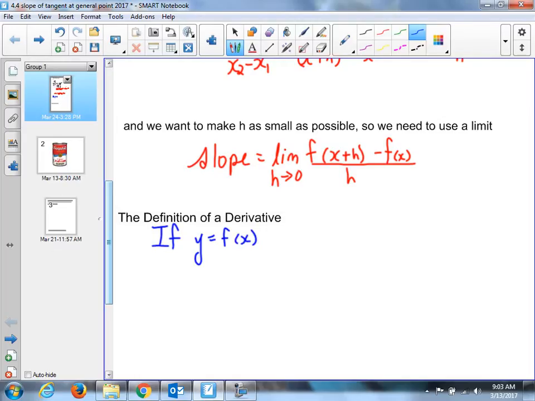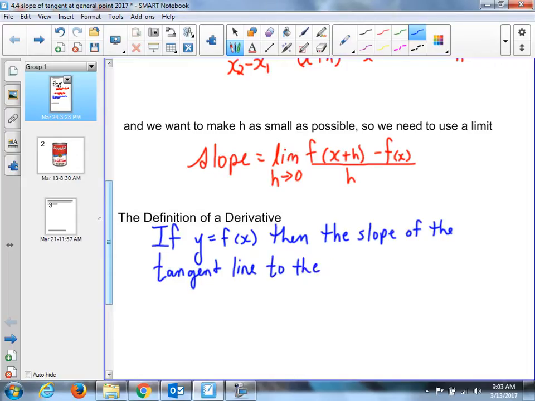Then the slope of the tangent line to the curve f of x, whatever that describes, like x squared minus 3x or something, at the point x comma f of x.